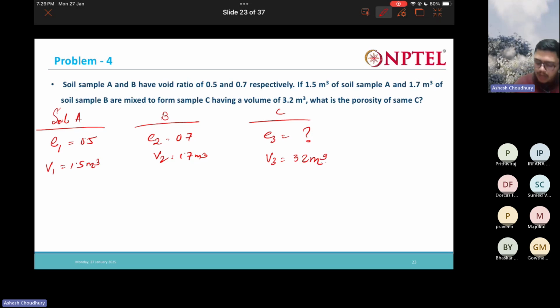So how can we solve this one? When we take two soils and mix them, what is the thing that is going to remain? Think in that direction.